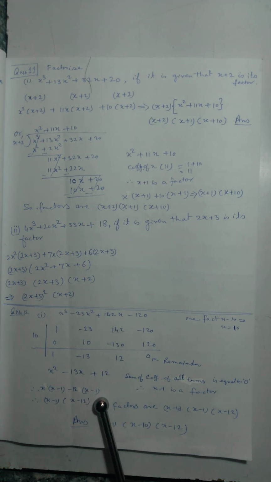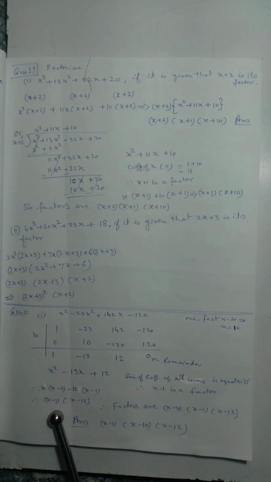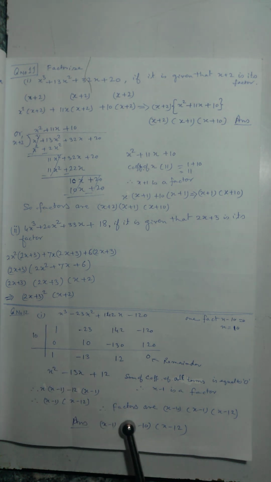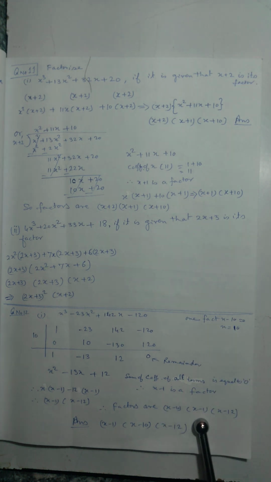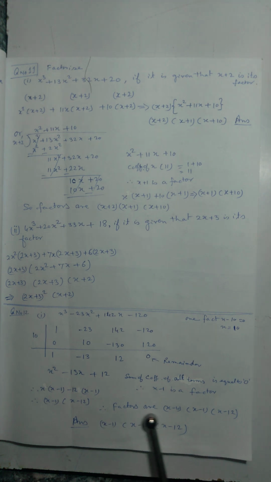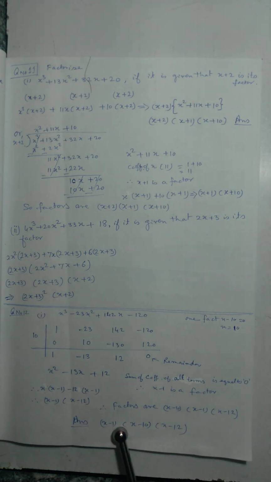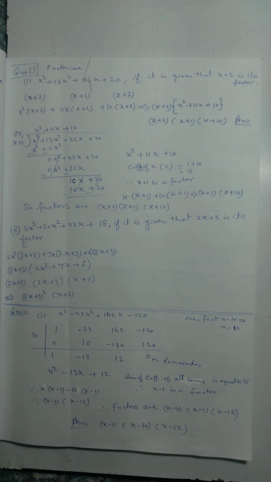So take out x minus 1 common, and you will get x minus 12. X minus 1 and x minus 12, these are the two factors. The factors are now x minus 10, which is already given, x minus 1, and x minus 12. So these are the three factors of question number 12, first part.